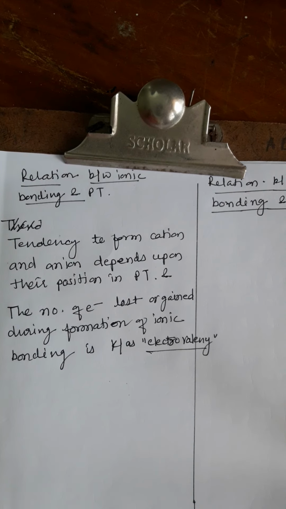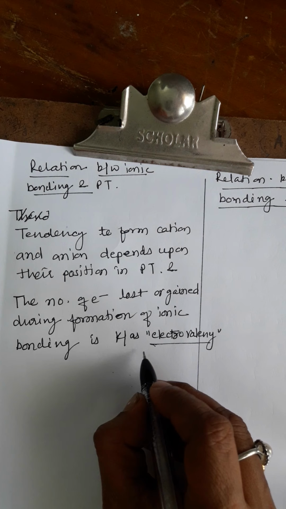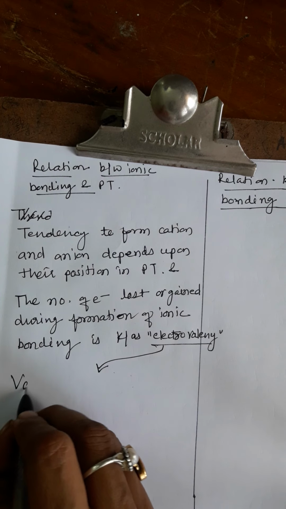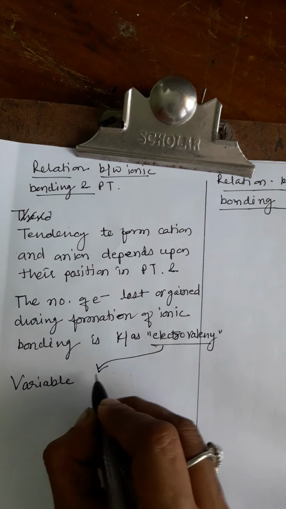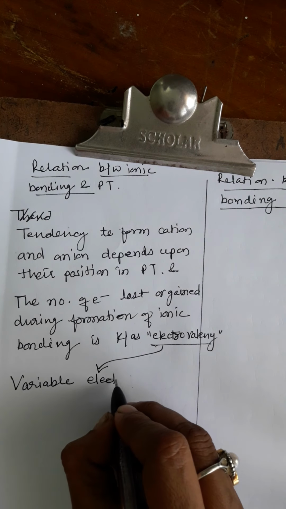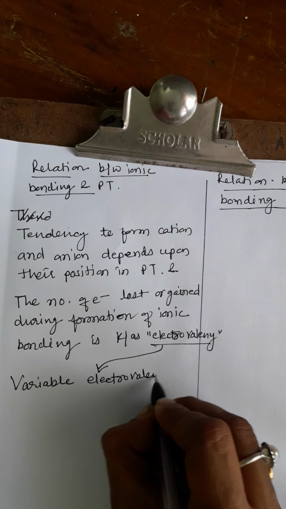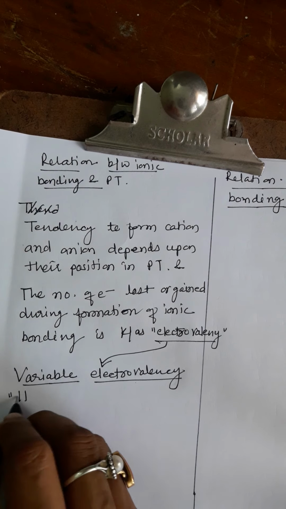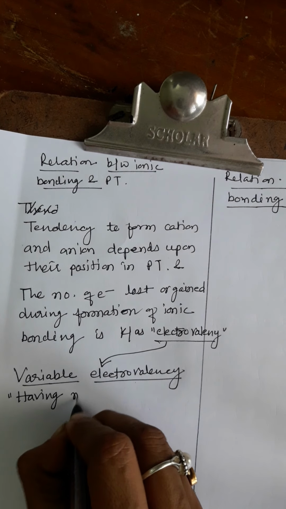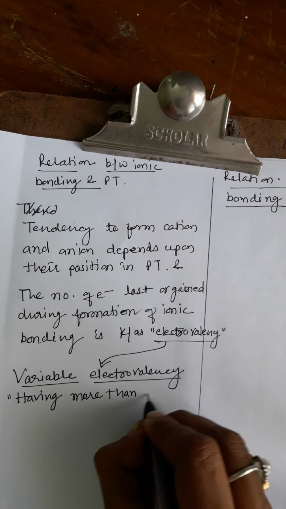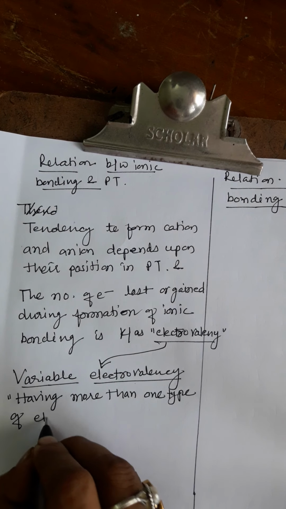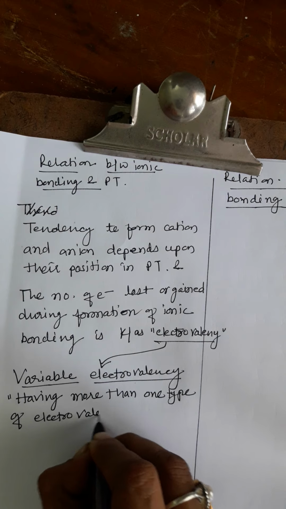Now when we talk of electrovalency, there is another term which is important, which is called as variable electrovalency. Now, what is variable electrovalency? Having more than one type of electrovalency is called as variable electrovalency.